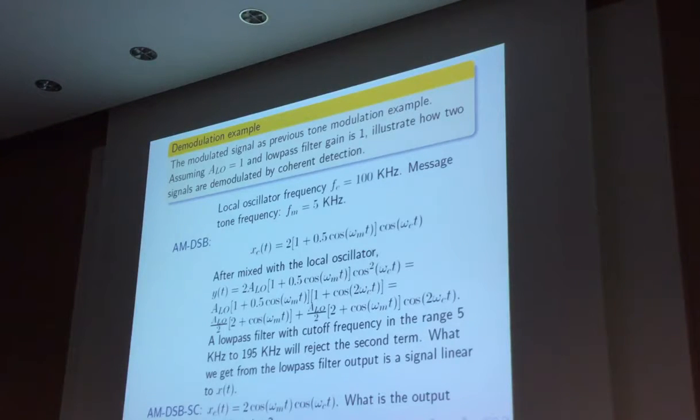This one multiplied with the message becomes another DSB-SC modulated signal, high frequency band. Although the carrier frequency is not a constant, we don't need to worry because we can reject it using a low pass filter. What's left is this term multiplied with the message here. So what's the consequence of this one? Your message is now multiplied with this term. What happens? You are modulating your message, right?